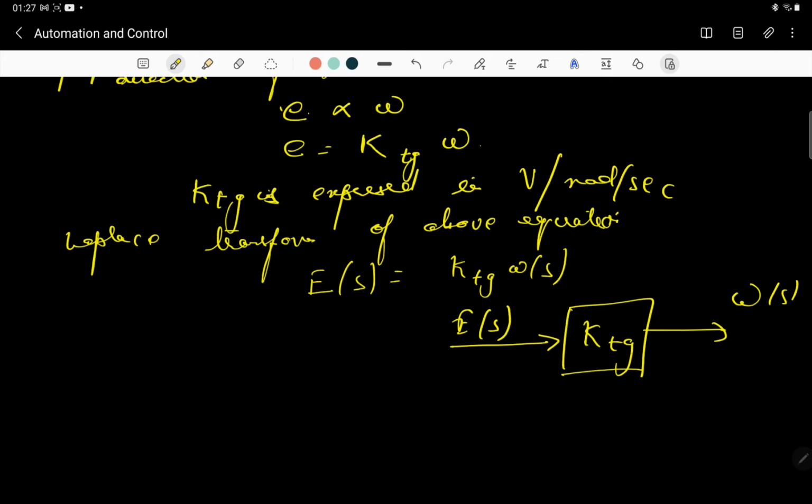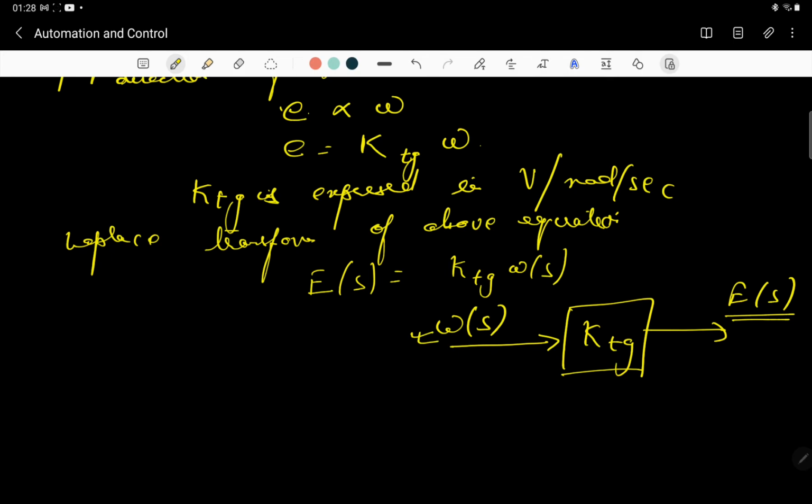I think I wrote down the things in the reverse direction. Sorry, this is E(s), the output upon the input. We are getting the output at the terminal voltage E(s) from the tachogenerator, and omega(s) is simply your speed.